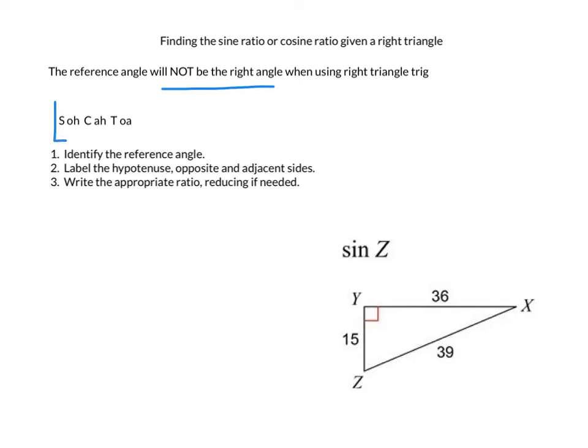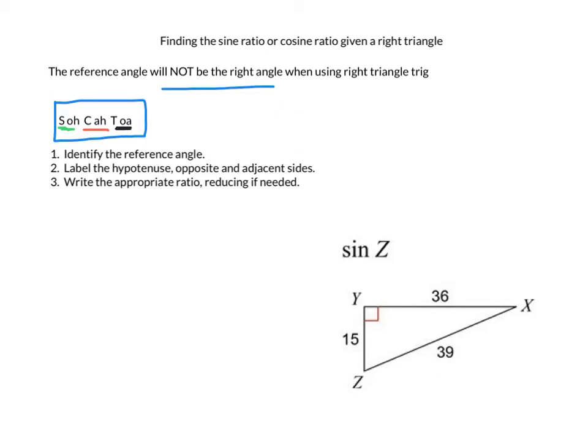Here is the mnemonic device for right triangle trig. The SOH means that the sine is the opposite over the hypotenuse. The CAH is a reminder that the cosine is adjacent over hypotenuse. And the TOA is a reminder that the tangent is the opposite over adjacent.